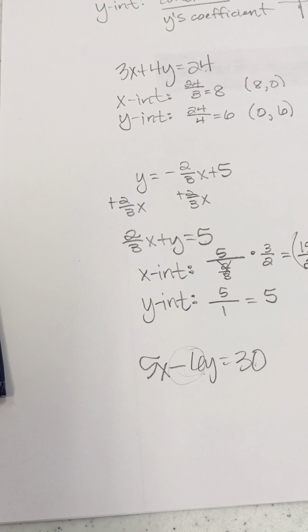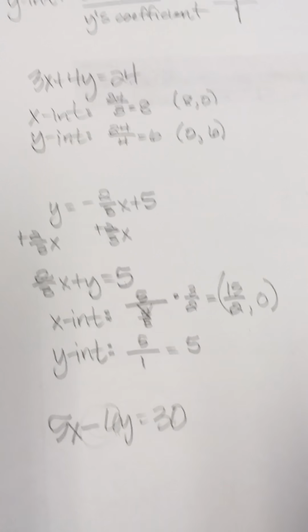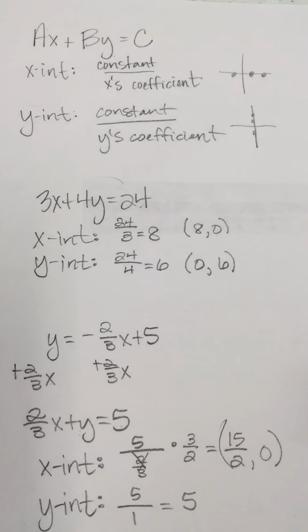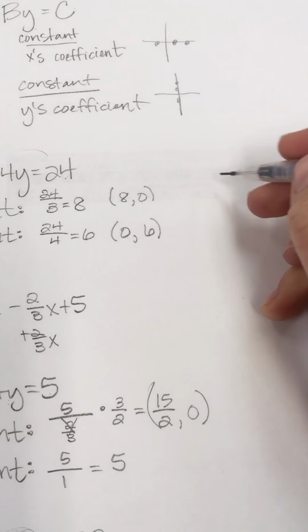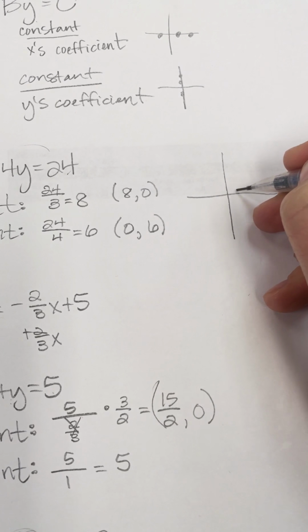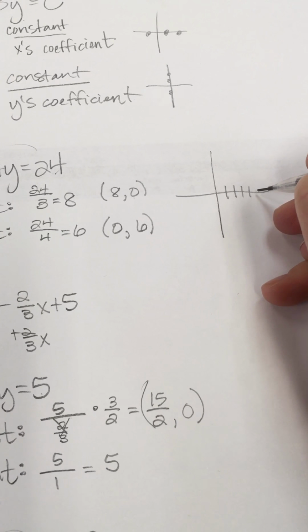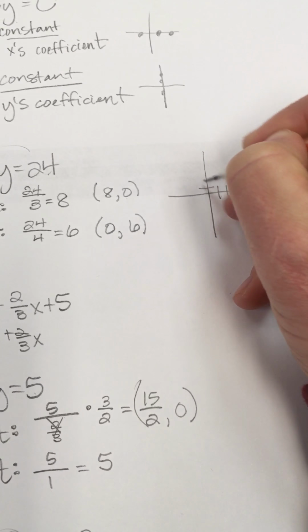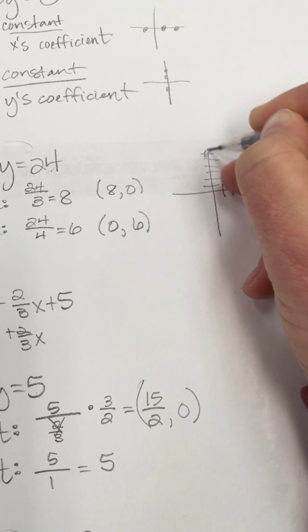The other thing that they talk about is real life situations, all right? Let's just say that this was my real life situation here, and we talked about how (8, 0), the x-intercept, would be on this axis: 4, 5, 6, 7, 8. And then 1, 2, 3, 4, 5, 6.